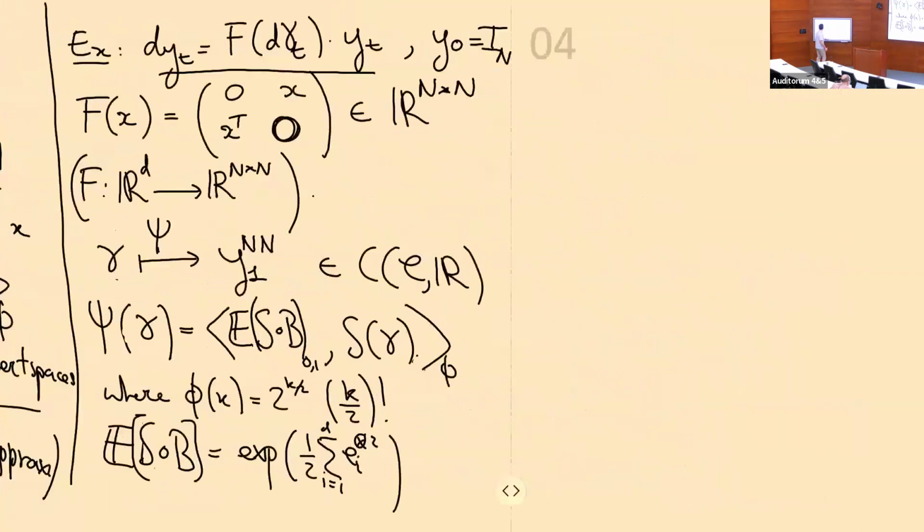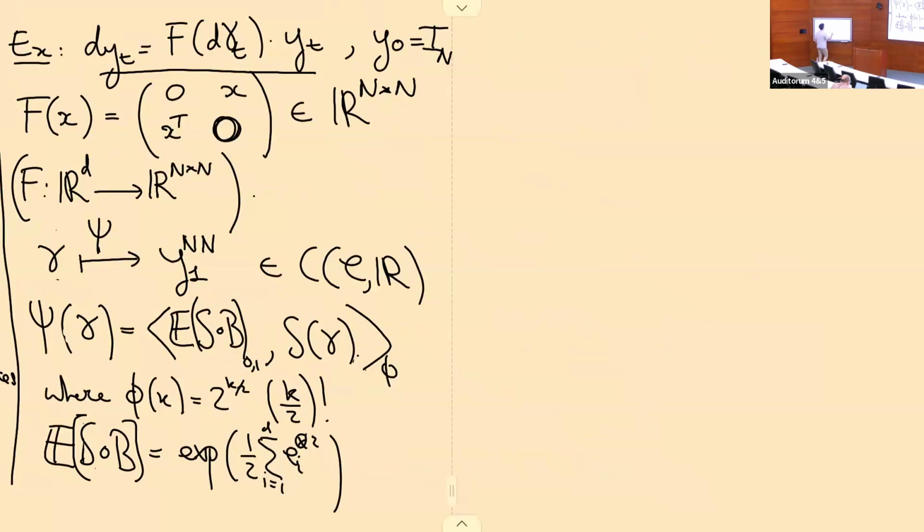And here the point is that the expected signature of B, Stratonovich, belongs to T phi of V. So we know what it is, it's just this. And this element belongs to T phi of V if you take phi to be this special weight function.